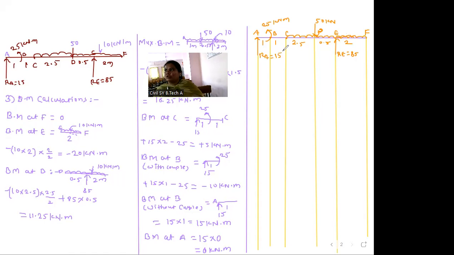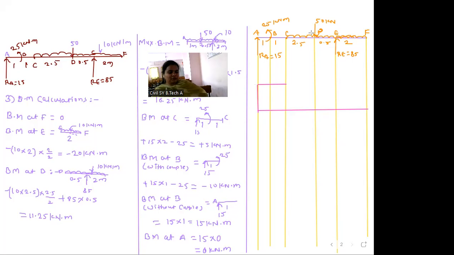So we will draw the shear force diagram first. I will draw the baseline first because plus and minus values are there. So shear force at A is 15 kilonewton, right? And this continues up to C point because there is no force. After that, in between C to D or at D point, the shear force is equal to how much?